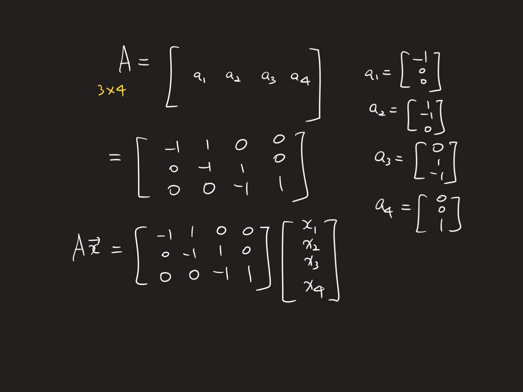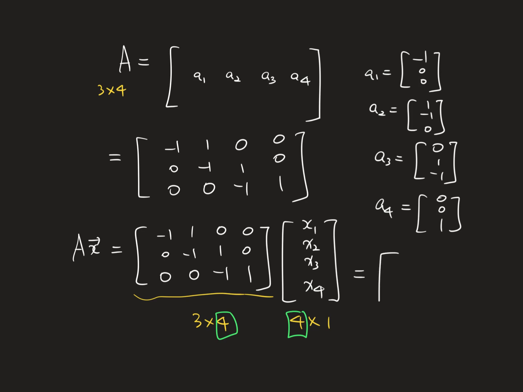I mentioned before that the size of this matrix is 3 by 4, so the vector size should be 4 by 1. Otherwise we cannot define the multiplication, so the 4 should be the same.